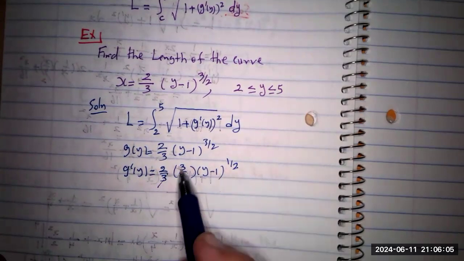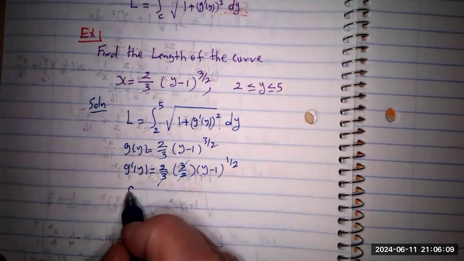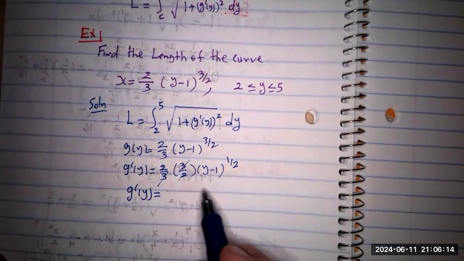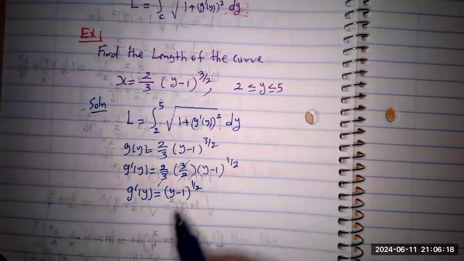You simplify, 3 and 3 cancel out, 2 and 2 cancel out. So g prime of y equals (y minus 1) to the 1/2.